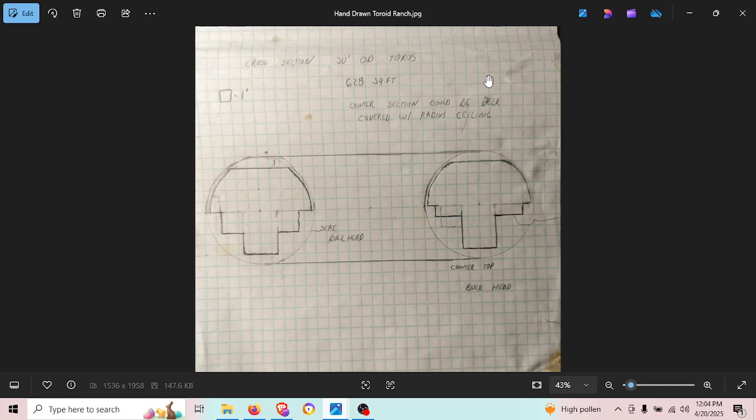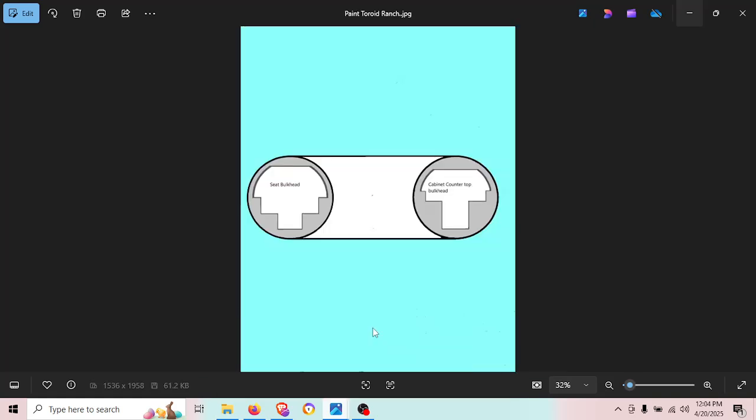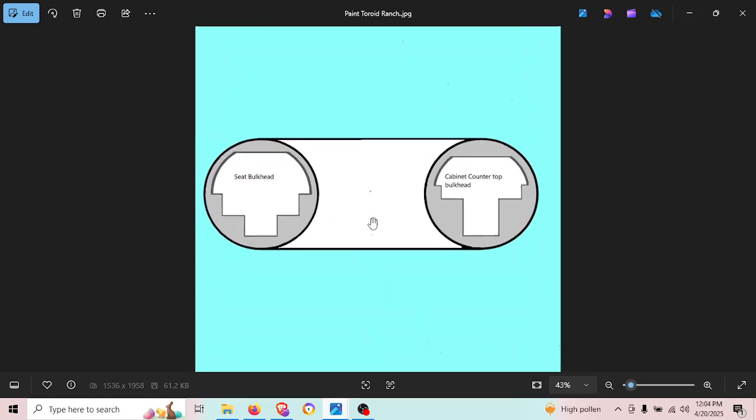In other words, rooms can be used for more than one thing. But at any rate, that moved on. I basically just took this and put it in Paint, made a color graphic of it, which doesn't really look much better, but it shows the idea with a little more clarity.